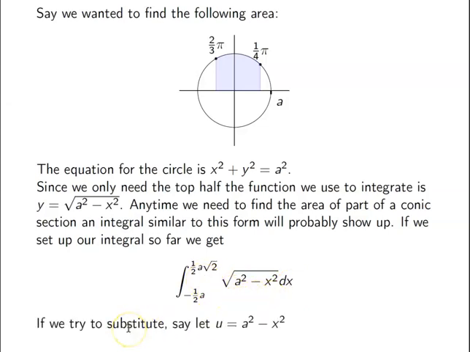So again, let's say I try to use a squared minus x squared. I get something like this, right? Negative 2x dx, which is fine. I can move the 2 over. But what about this x dx? It does not show up. There's no x on the outside of this radical sign. It is not going to work. I cannot use that substitution. Okay.